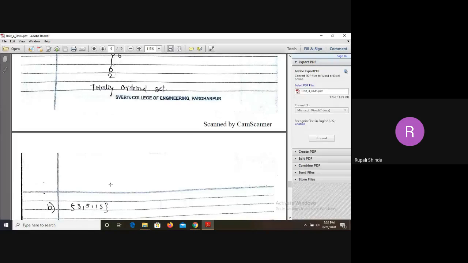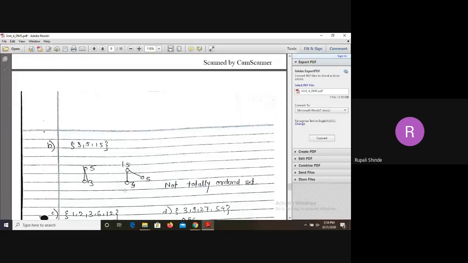What about B? Whether this one is a toset? Not a toset. Why? 3 is not divided by 5. Yes, 3 cannot divide 5. That's why the diagram for this set is 3, 5, and these two elements divide 15.